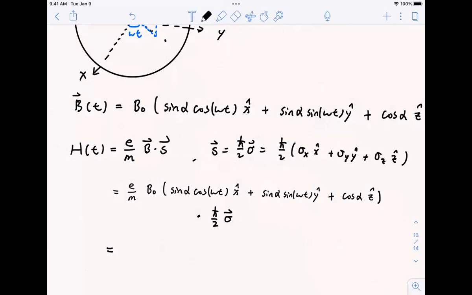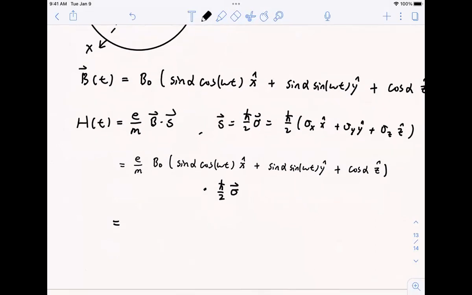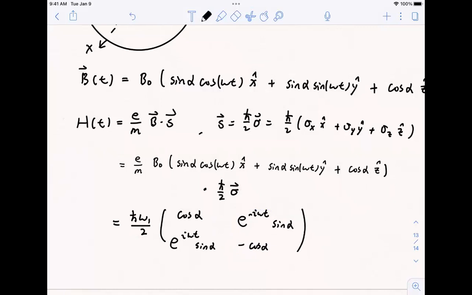I hope you remember that. And then after you deal with all of this, eventually you get a very simple form: cosine alpha, negative cosine alpha. I mean, you can deal with the algebra if you're interested. So eventually you get something like this.